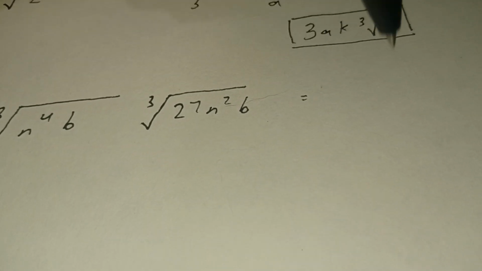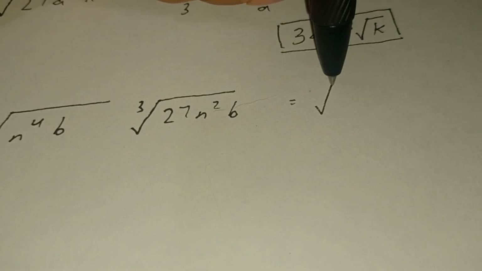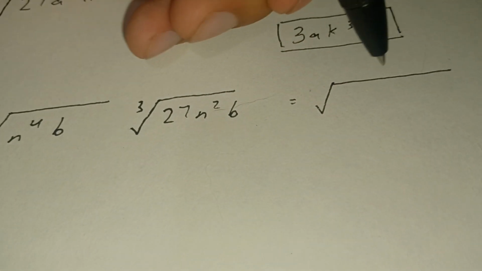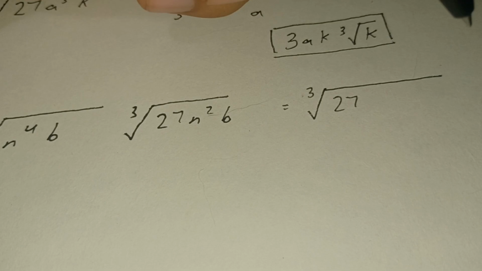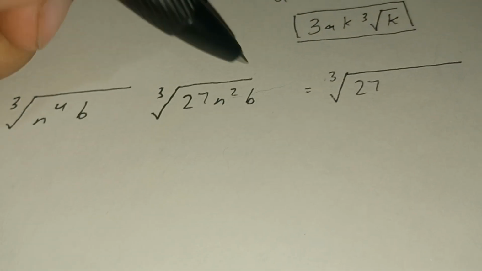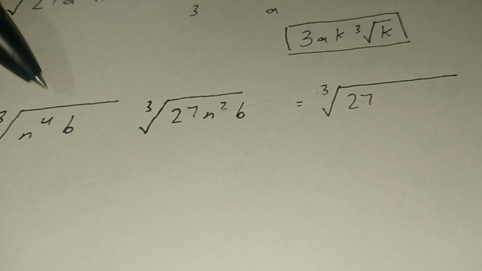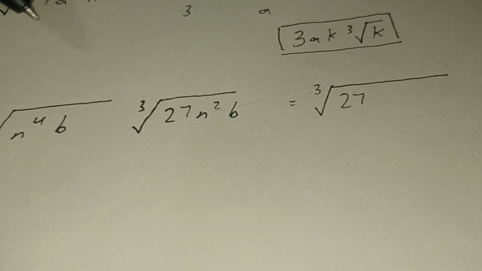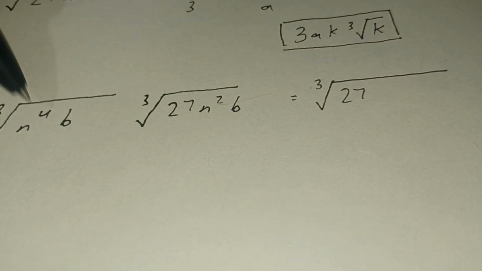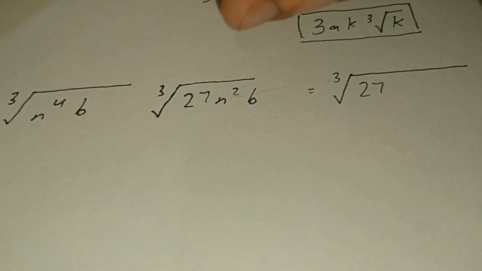We can rewrite this as the cube root of 27 times, we have n squared times n to the 4th. What is that going to equal? That is going to equal n to the 6th power, because we add the exponents when we multiply.